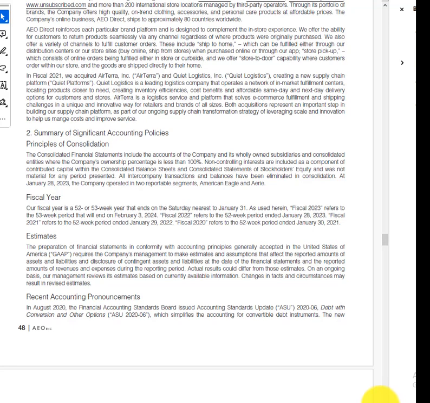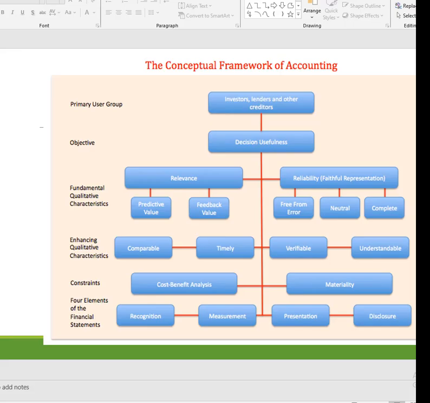So the first two are a little bit straightforward. Okay, estimates, the idea that we estimate sometimes in accounting because we don't know everything that's going to determine the amount. Remember, the amount that we put on the balance sheet is how we measure something. How are we going to measure how much of the stuff we sold on credit is going to be paid to us?